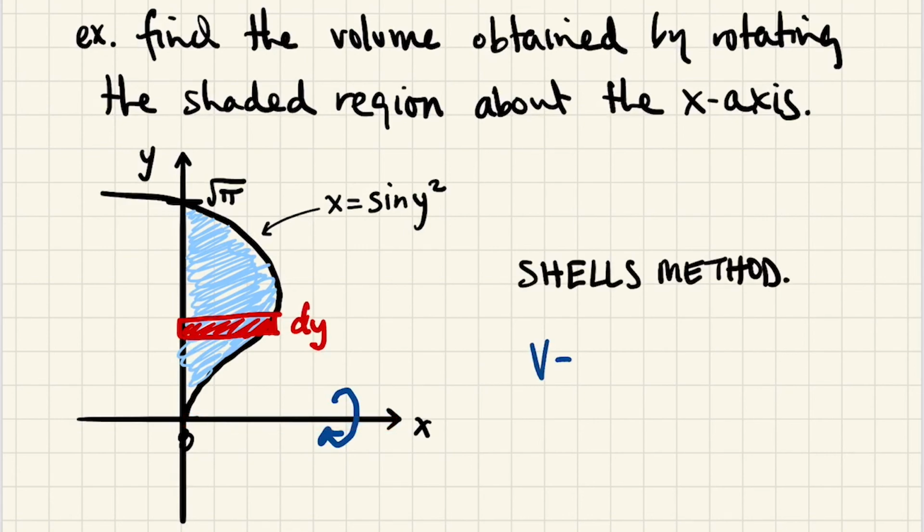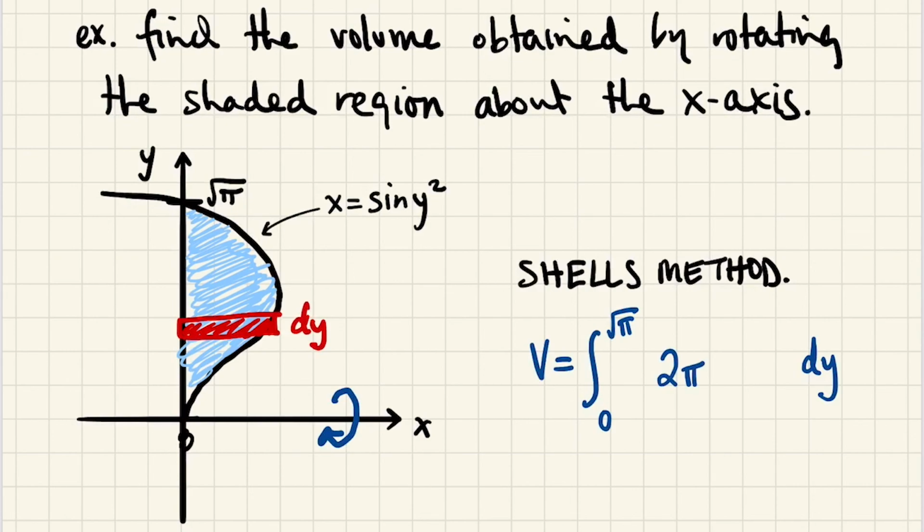So our volume will be the integral from something to something, but let's go over here and put dy in. That is the one and only decision that we made, and everything else is automatically induced from that. So that means that the bounds of our integral must be y values. Well, we can see it starts at 0 and ends at radical pi.